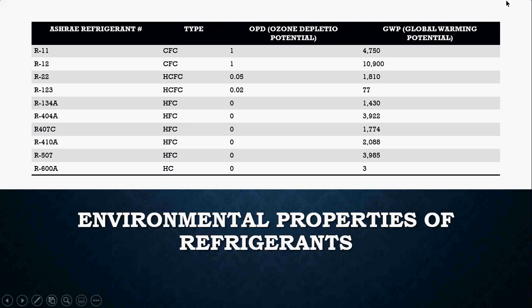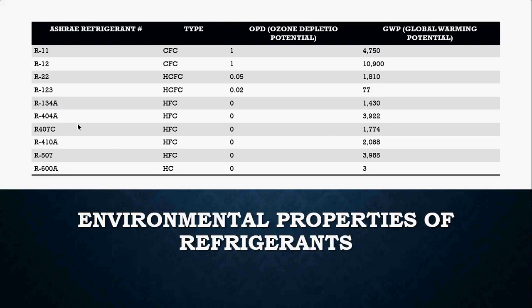So here is a chart that deals with different environmental properties of different refrigerants. R11 has an ODP of 1, but it has a GWP, or global warming potential, of 4,750. R22 has an ODP of 0.05, but a GWP of 1,810.